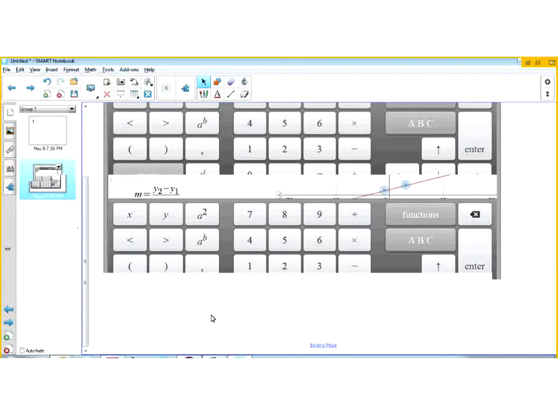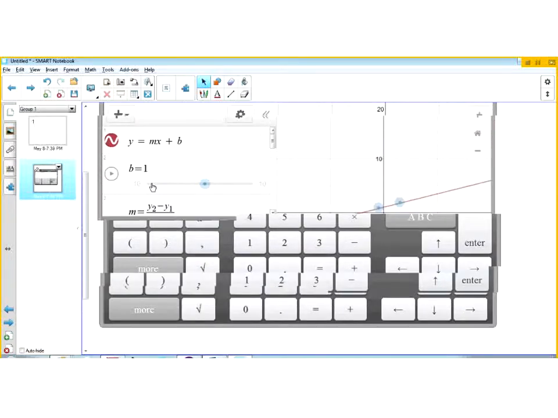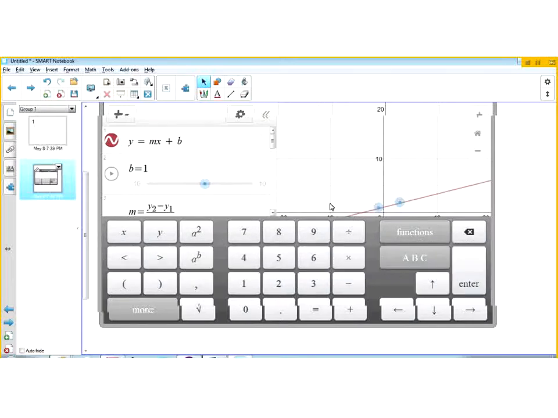Google, let's see. Step page. All right, so with the y-intercept form, I'm not seeing the tab to dismiss the keyboard.